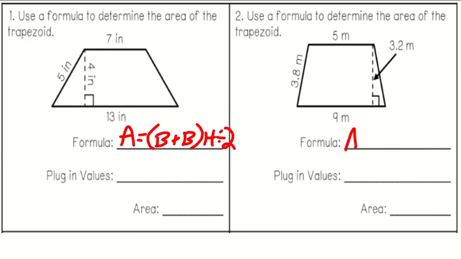Same idea for the other one. A equals base plus base times height divided by 2. Go ahead and give those 2 a try then. Each one of those has an extra number that you will not use, though.